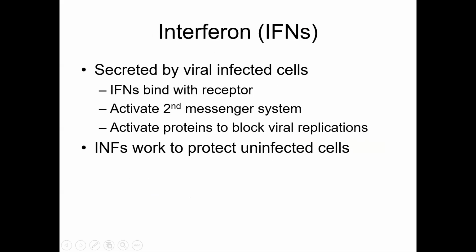Let me share my whiteboard with you here. Okay, all right, everyone. So interferons work like this. Let's say this is a liver cell, and you have an infection, let's say a viral infection in here.